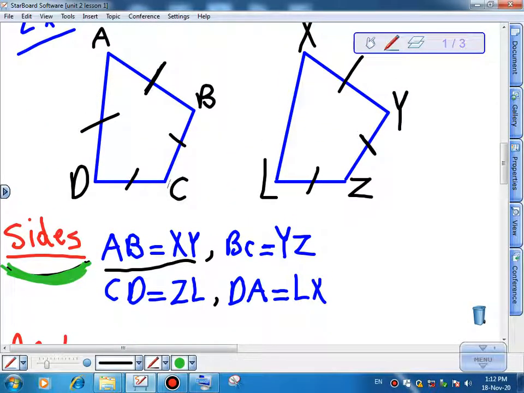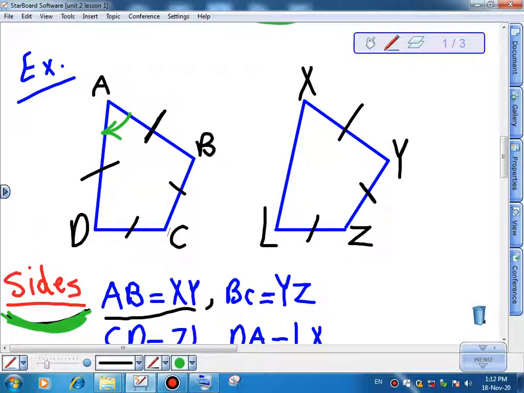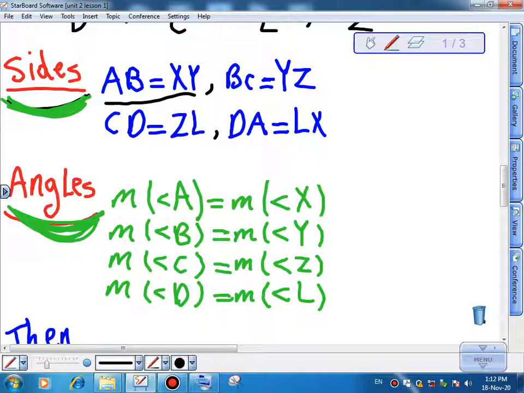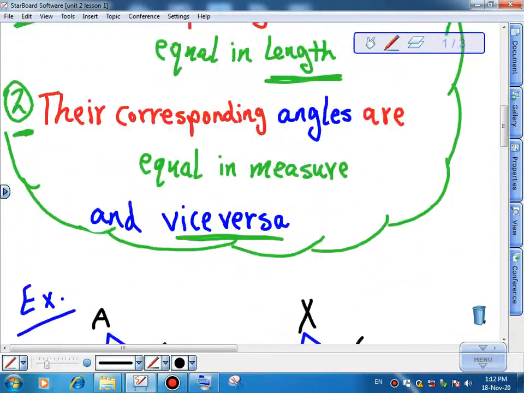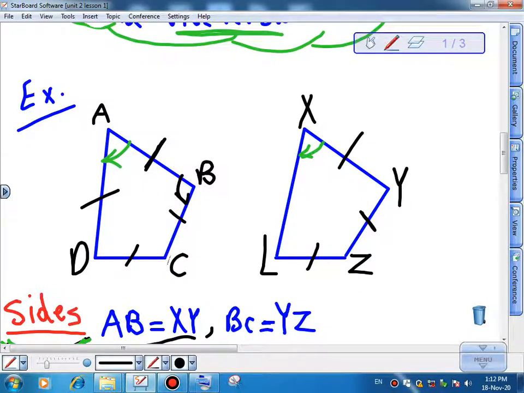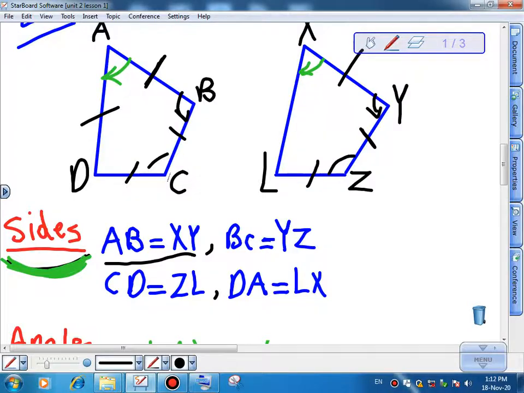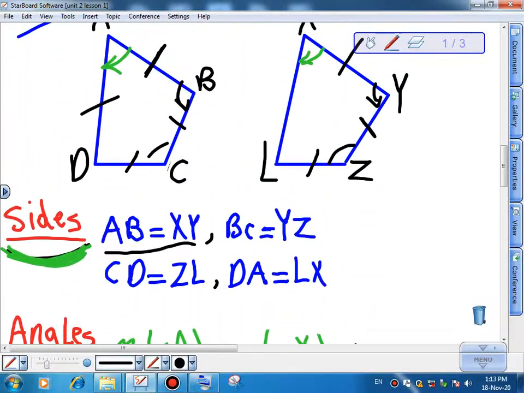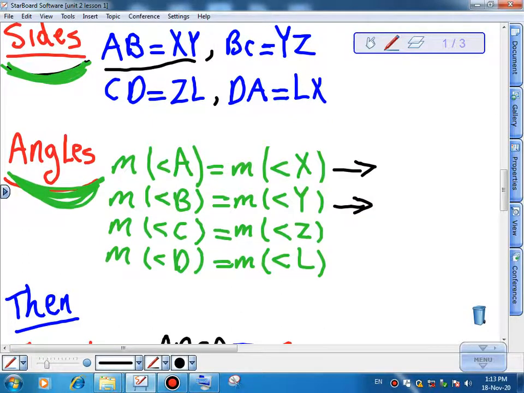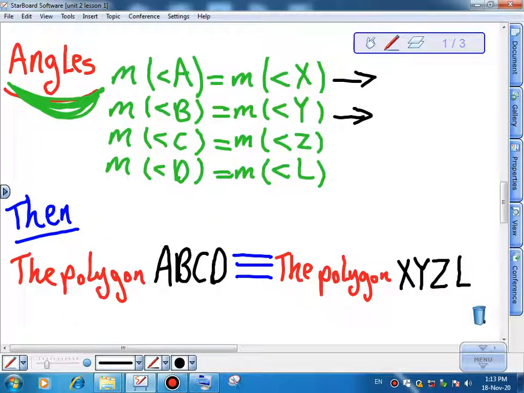If I take angle A, the corresponding angle in the other polygon will be angle X. So the measure of angle A equals the measure of angle X. The next angle, angle B, the corresponding angle in the next polygon will be angle Y, so the measure of angle B equals the measure of angle Y. Angle C equals the measure of angle Z, and the last angle, angle D, equals the measure of angle L. All the corresponding angles are equal in measure, and all corresponding sides are equal in length.